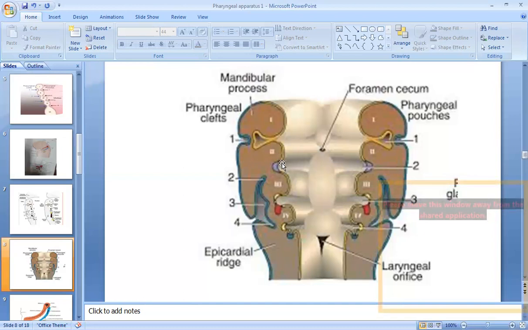There is a cleft and there is a pouch inside, and this is called the second pharyngeal pouch. In this condition, the second pharyngeal arch overgrows and covers the third and fourth clefts as well.